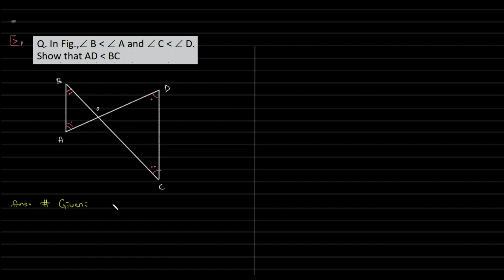We have been given that angle B is lesser than angle A, and angle C is lesser than angle D, and we have AD, that is to be proved. AD is lesser than BC.